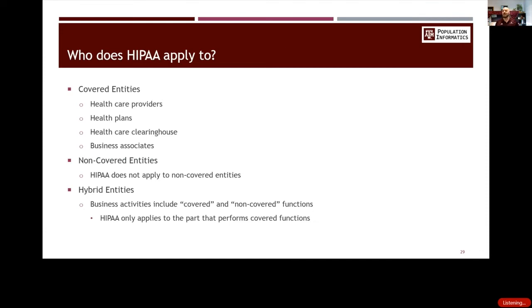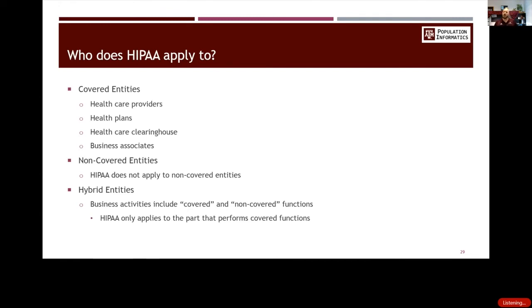If you are not one of these things, HIPAA does not apply to you. Now, a very common misconception is, oh, I've got health information, now HIPAA applies to that health information. Well, if you're not a covered entity, then that just isn't true. HIPAA only applies if you are one of these things.